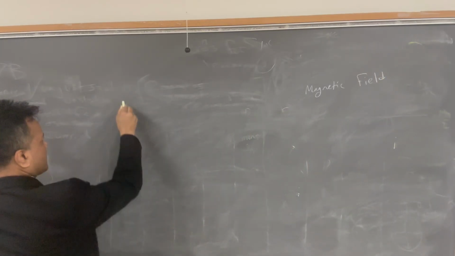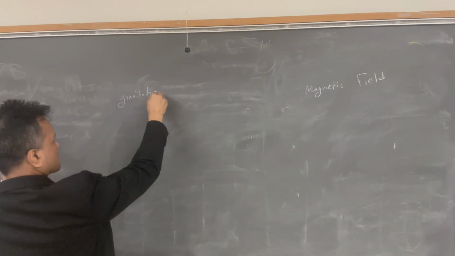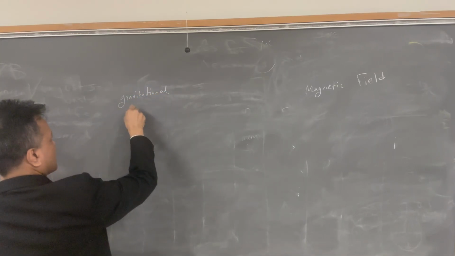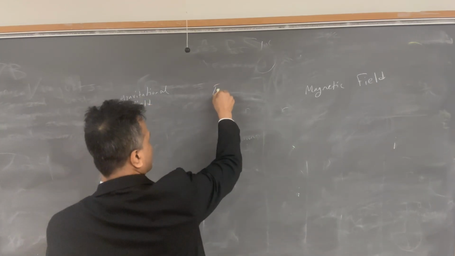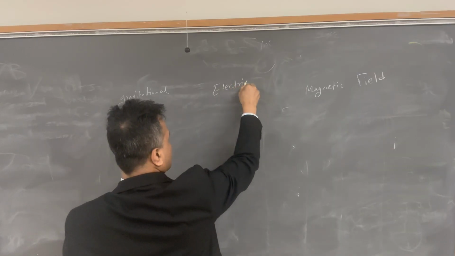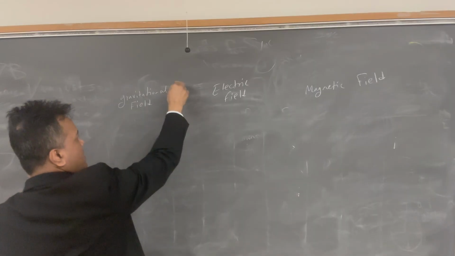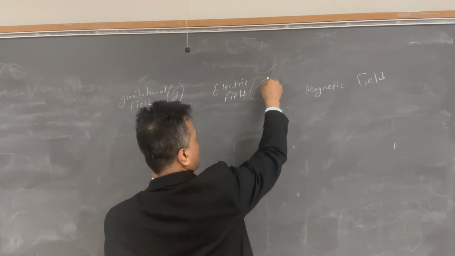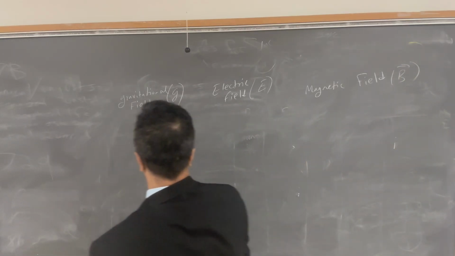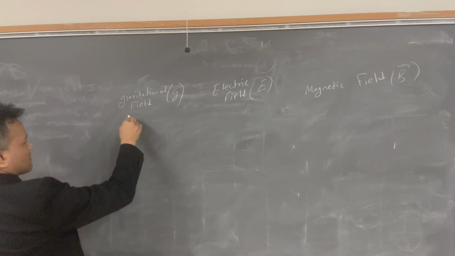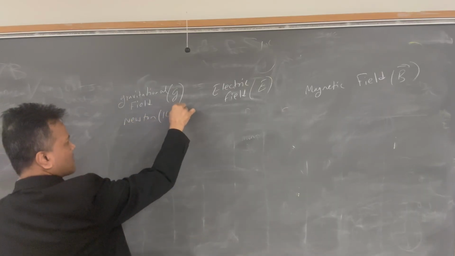The gravitational field, electric field. Gravitational field is g, electric field is E, magnetic field is B. Gravitational field was discovered by Sir Isaac Newton, 1665.